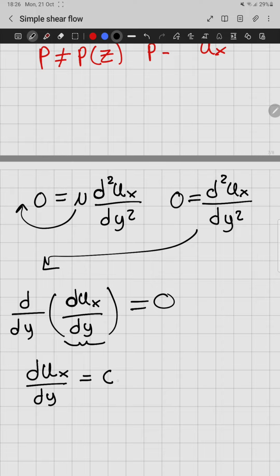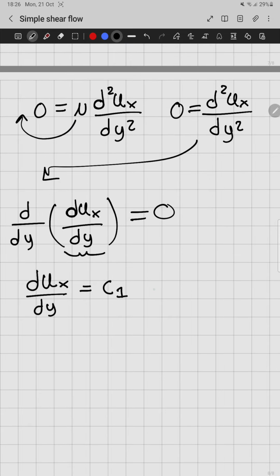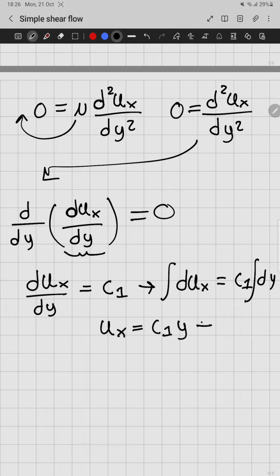So this constant, we are going to call it C1. And then we can separate the derivatives, and then we will integrate on both sides. So this will give us this simple equation.